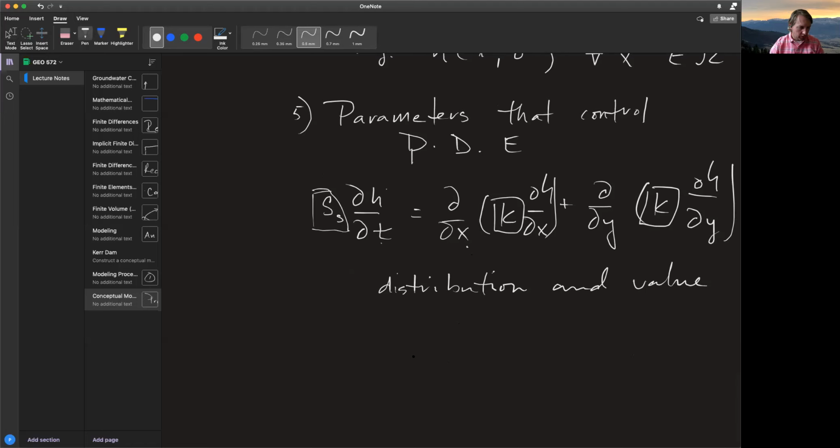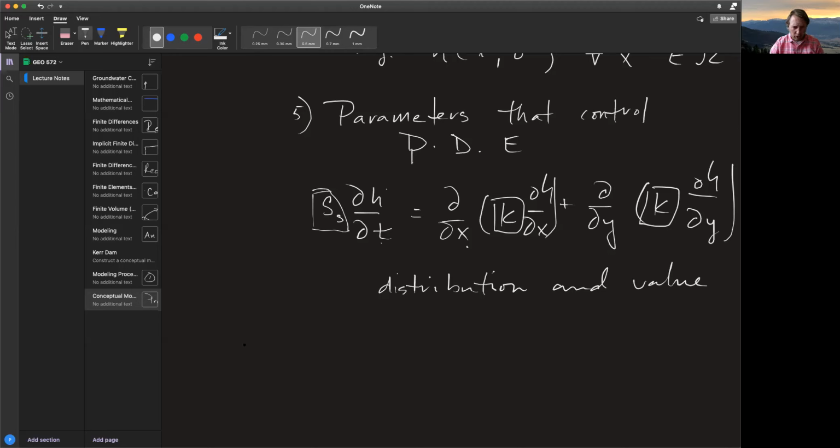So during conceptualization, the main thing we're trying to do is to construct 1 through 5 conceptually. And while we do that, think about sources of uncertainty and the effective assumptions we've made during our conceptualization.